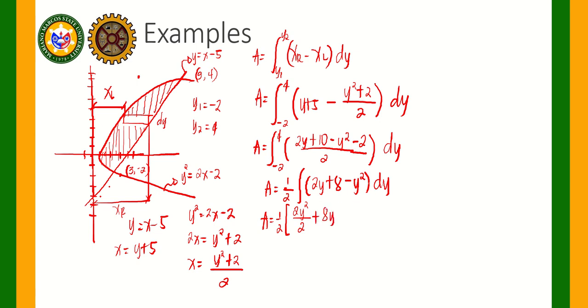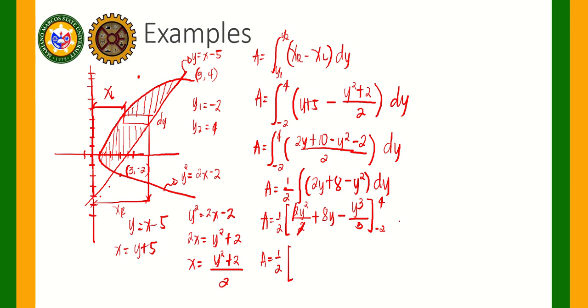And then integral of negative y squared dy, that is negative y raised to 3 all over 3. Limits from negative 2 to 4. So, simplify natin yung ating function. This is equal to 1/2. Of course, this will cancel.